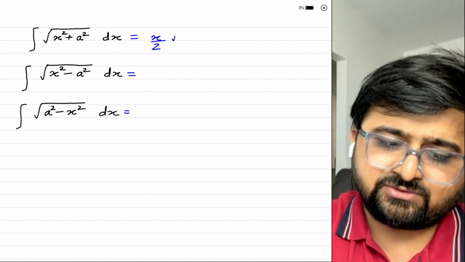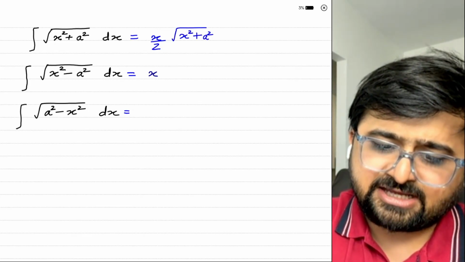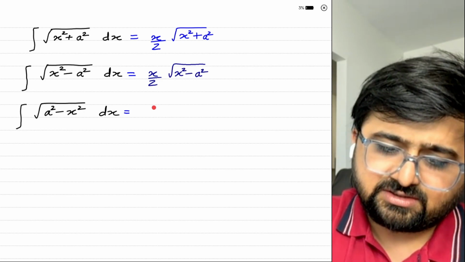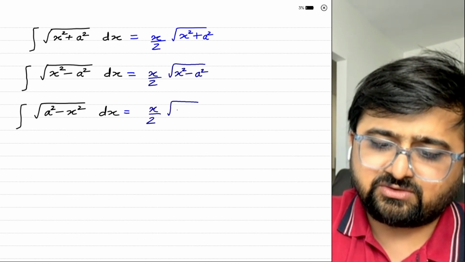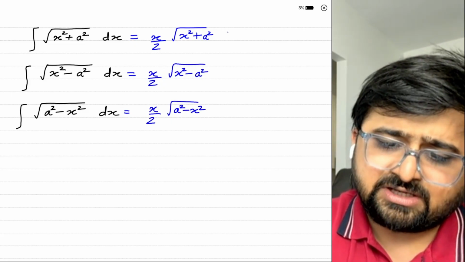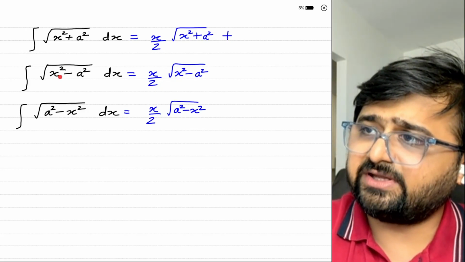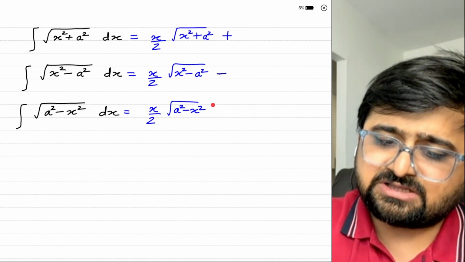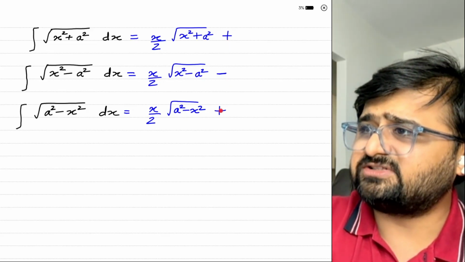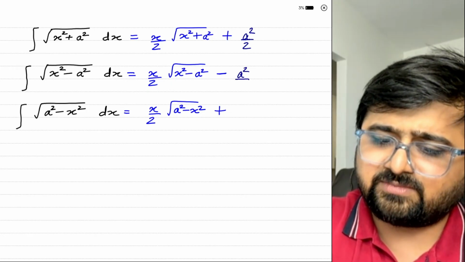So x by 2 square root of x square plus a square, and then again x by 2 square root of x square minus a square, then x by 2 square root of a square minus x square. So in this one there is plus. Remember, in case of x square minus a square, this is the only formula out of all three which has negative, and the remaining two formulas have a positive after this. And then you write a square by 2 in all of them.